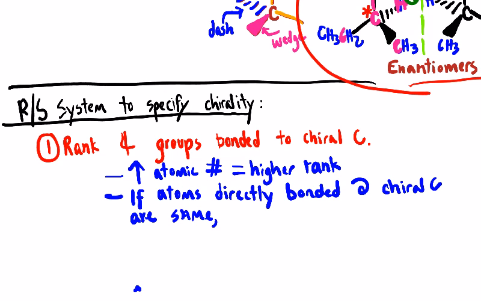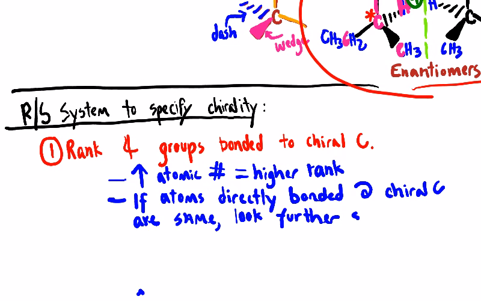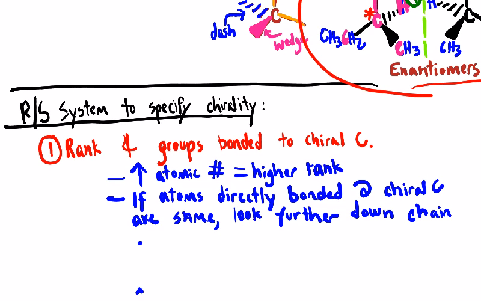What you'll do is look one spot further down the carbon chain, going away from the chiral center, in order to figure out how they differ. So you're going to move basically one atom further down the chain.